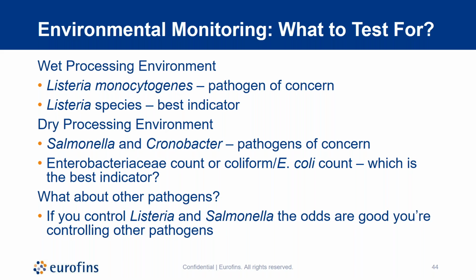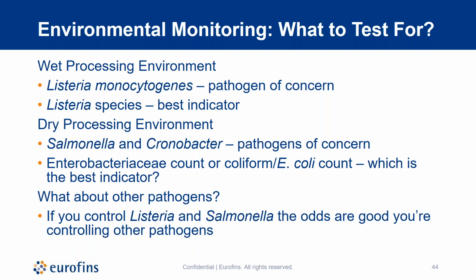In the dry processing environments, again, depending on the product and the intended consumer, most of the time we're targeting Salmonella. If it's powdered proteins or powdered formula, we may also be testing for Cronobacter, because that's going to a high-risk consumer group.